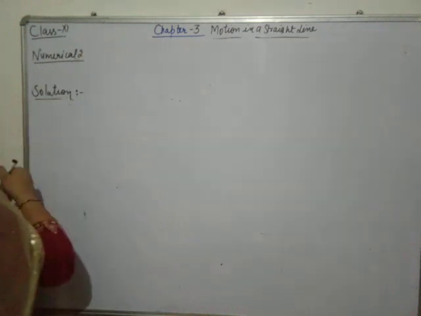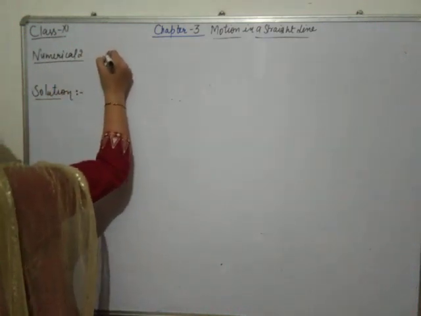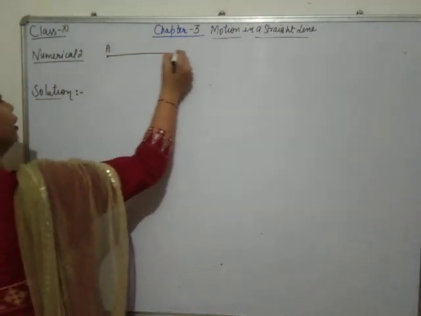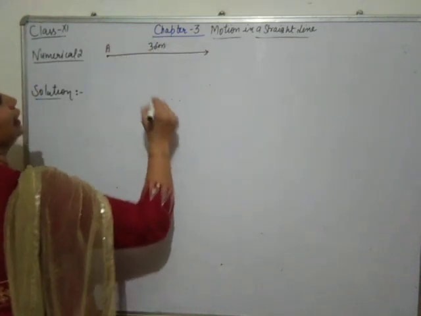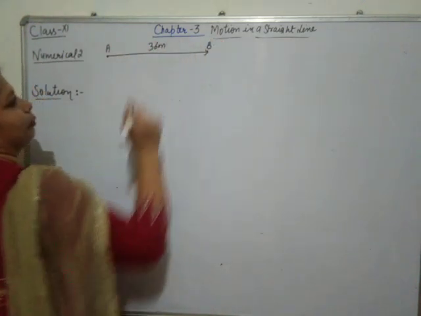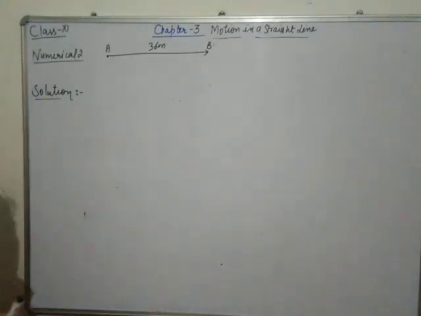Let a body that starts from point A, after covering a distance of 36 meter, it reaches at point B. At point B, it turns back.